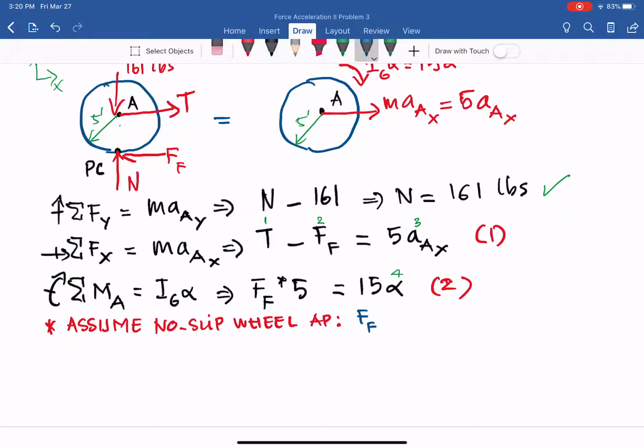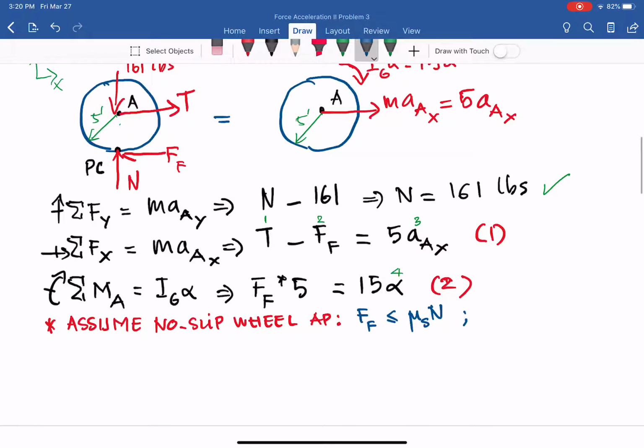So friction force will be less than or equal to mu sub s N. And we will have an equation when it is no slip. We have a_x at the center of the wheel, A. In this case, in the x direction, it equals alpha R.